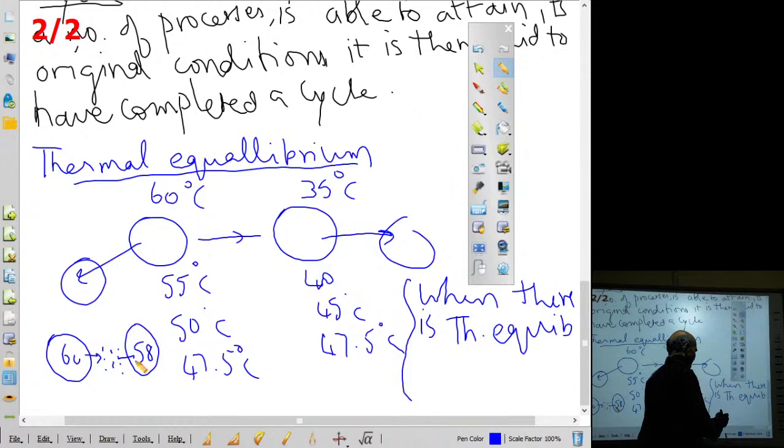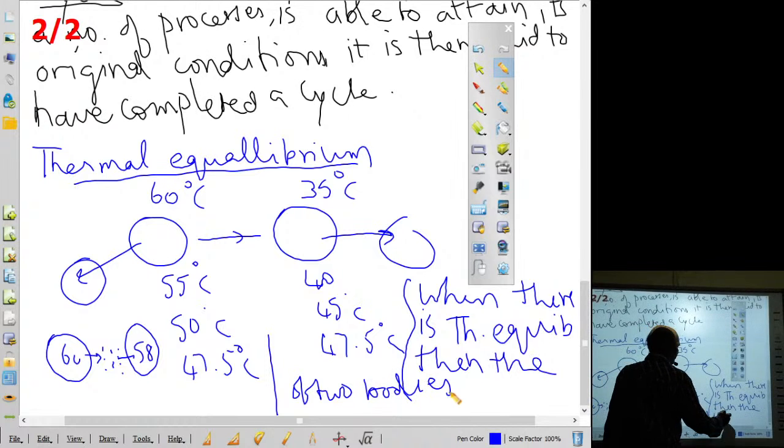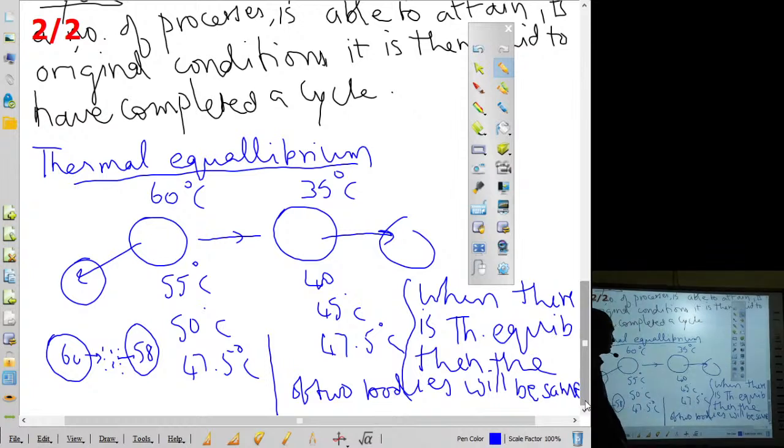When there is thermal equilibrium, then the temperature of the two bodies will be same. Right.